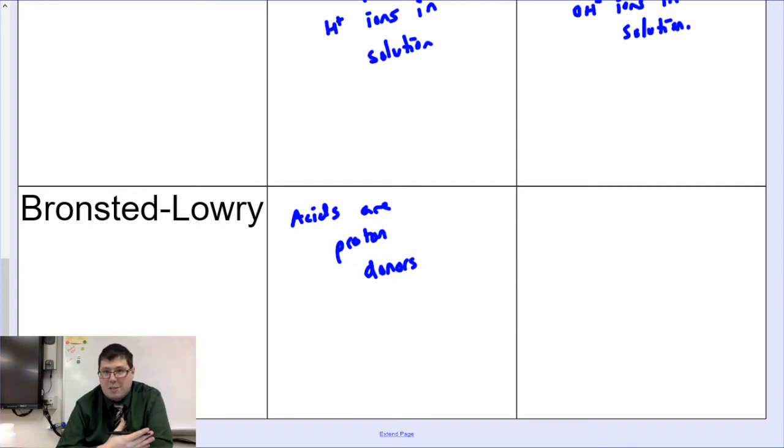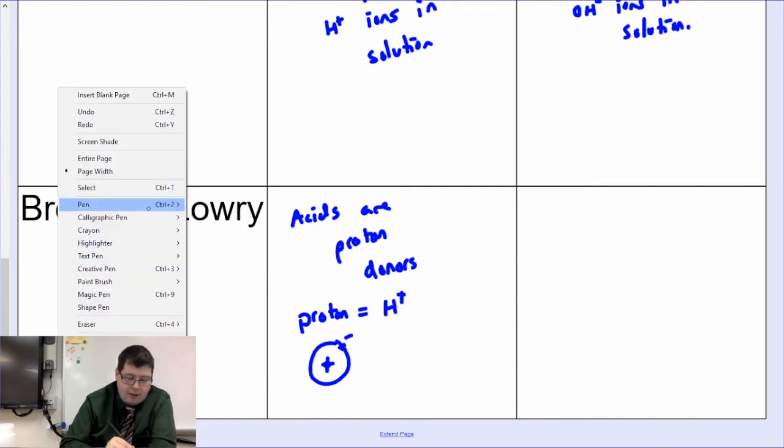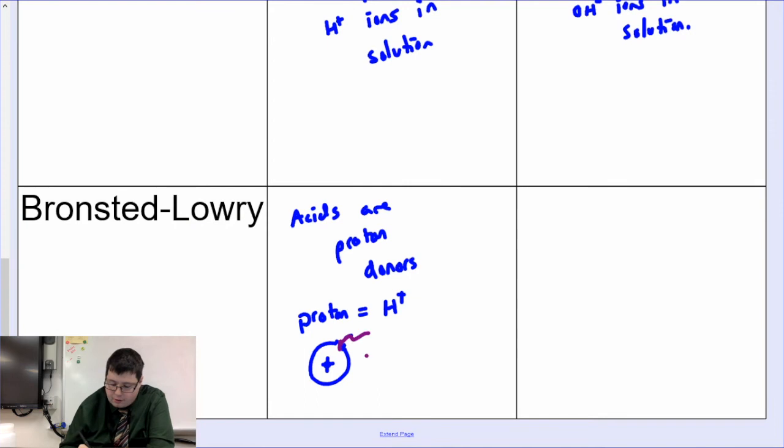If acids produce H+ ions in solution, they must be donating a proton, because a proton is the same thing as an H+, a hydrogen ion, because a hydrogen atom has a positively charged nucleus with one proton in it and an electron. Well, if I strip that electron away and make it a hydrogen ion, all I'm left with is just that positive proton in the center. And so by creating H+ ions in solution, I am also donating protons.